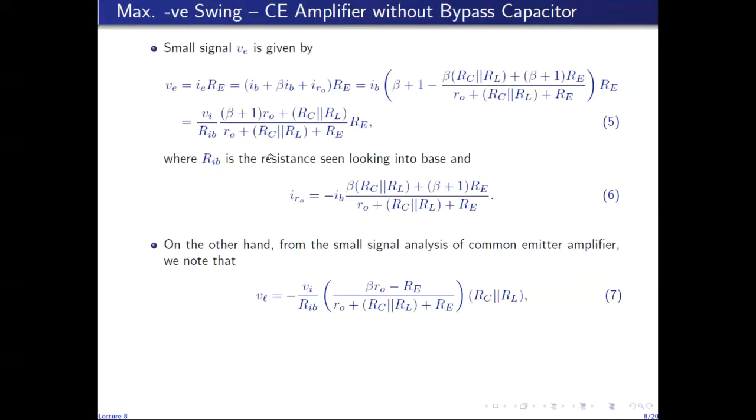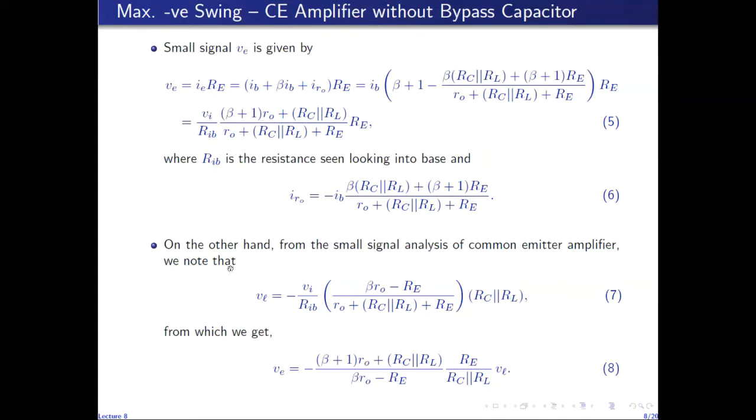So taking the ratio of VE to VL cancels this common factor of VI over RIB, and we are left with VE expressed in terms of VL through this relation. This common denominator is also cancelled out.